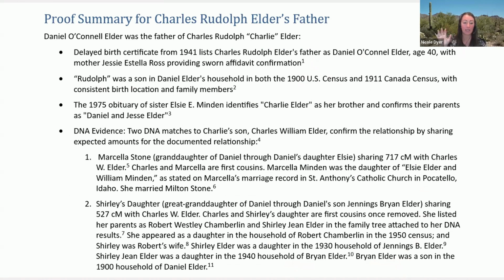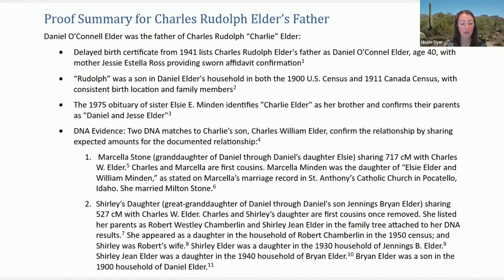So you can see I condensed all of the information that I would normally have in a table and in like a diagram all into one short proof summary to be able to show in basic terms that Daniel O'Connell Elder was the father of Charles Rudolph Elder.